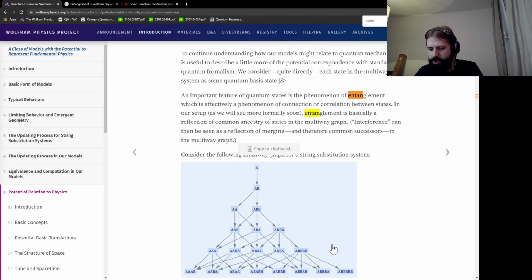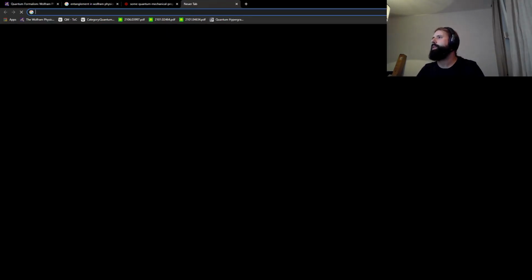There is a correlation in the sense that there is a certain probability of measuring one of these basis states, and if you know this one, then you know the other one. Yeah, maybe that's the correlation, right? In a sense, that's what a density matrix would tell you, right?